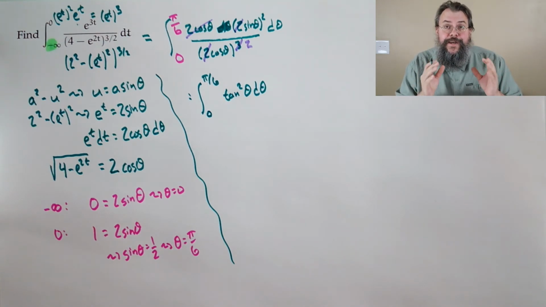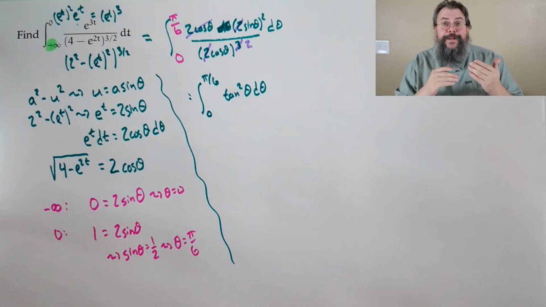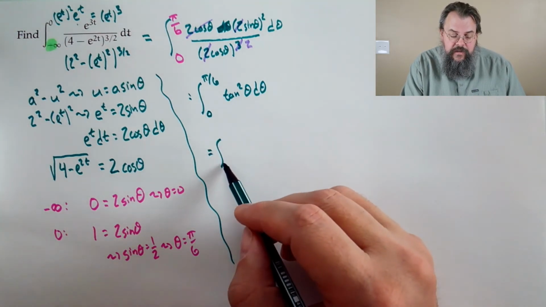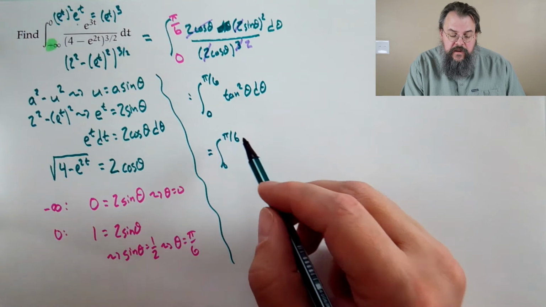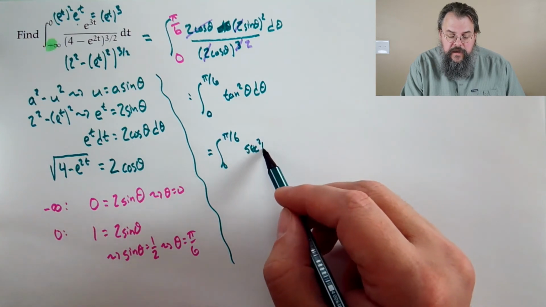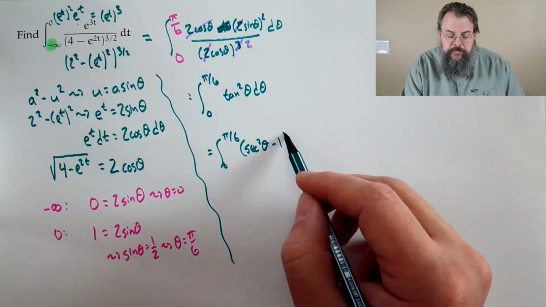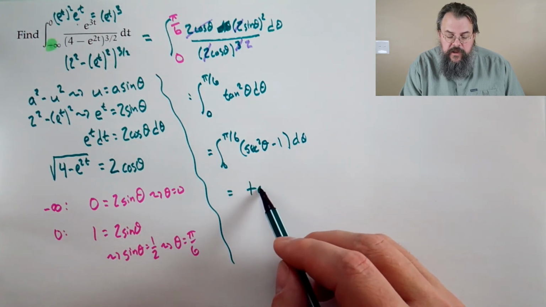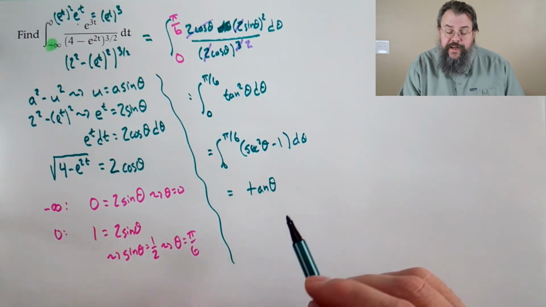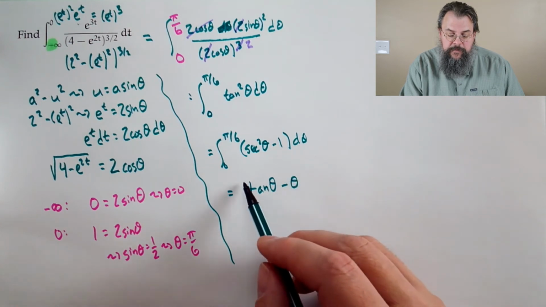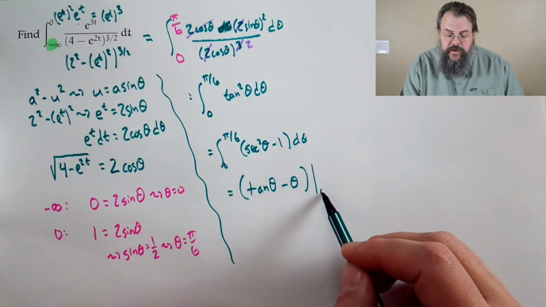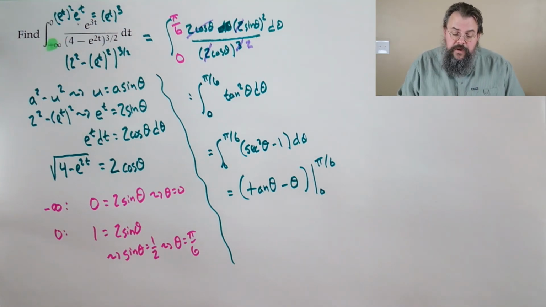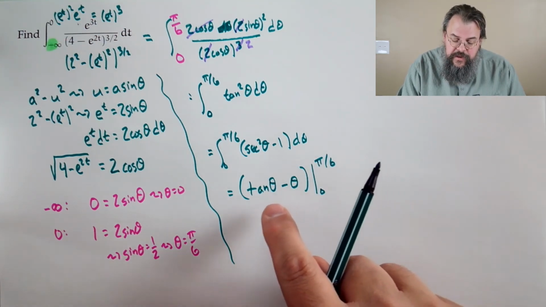Well, let's finish it up. How do you integrate tangent squared? Well, by rewriting it. See, tangent squared is the same as secant squared minus 1. All right, well, great. That's on our list of things we know how to integrate. Tangent theta minus theta. And we just go from 0 to pi over 6. So, when you plug in 0, good news, 0.